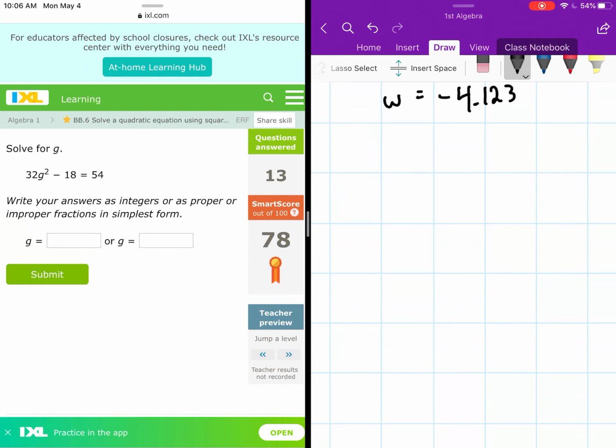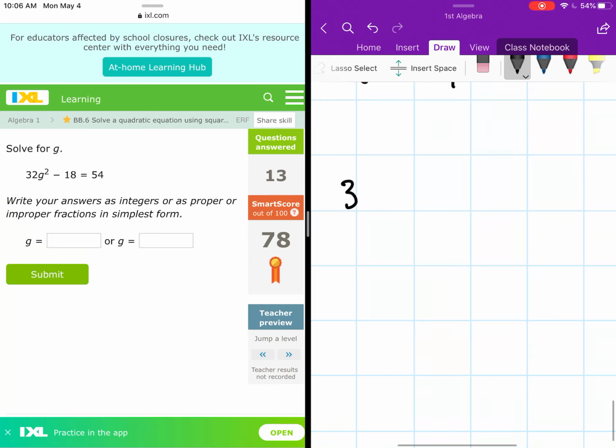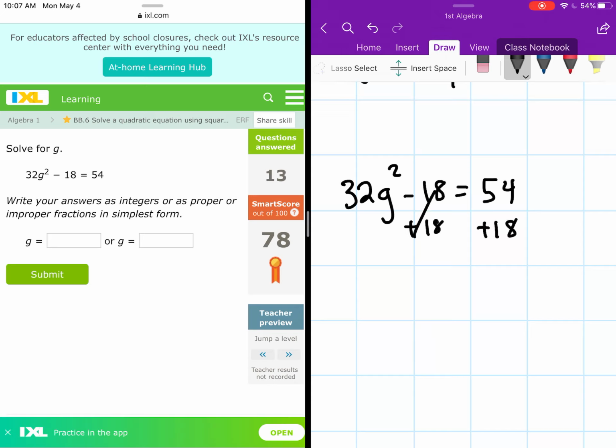Once you get to this type of question, I'm only going to stop here and then we'll go on to the next topics. So then here you have 32 g squared minus 18 equals 54. So what I need to do here is plus 18. So I'm going to have 32 g squared equals 54 plus 18.